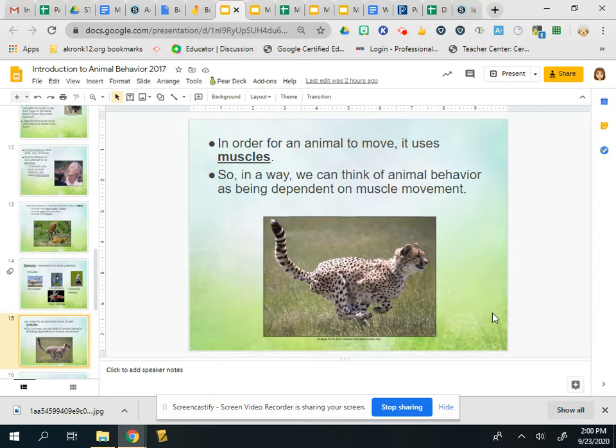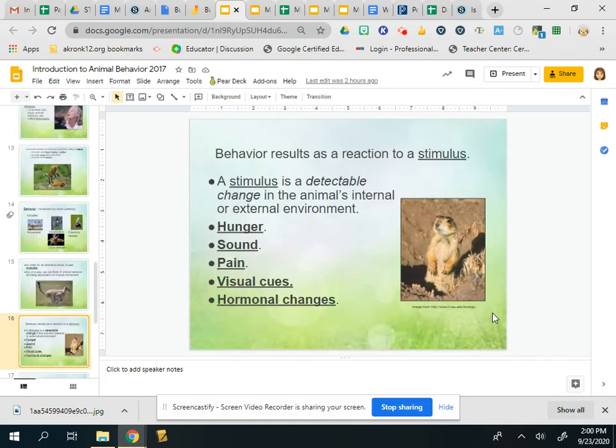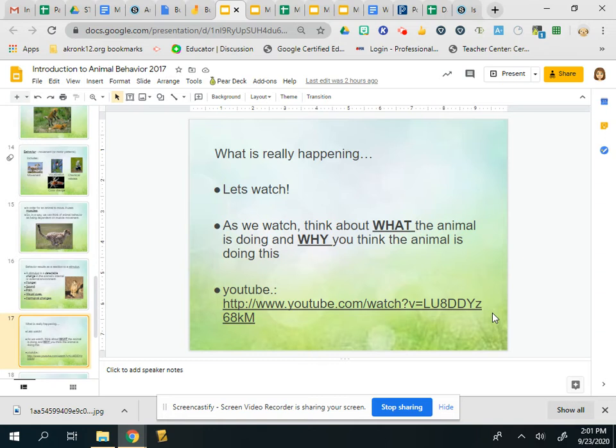So in a way, you can think about animal behavior as being dependent on muscle movement. That leads us to our nervous systems. Behavior is the result of a reaction to a stimulus. A stimulus, as we've learned before, is a detectable change in an animal's internal or external environment. So hunger, sound, pain, visual cues, hormonal changes, those are all different types of stimuli that animals can react to and cause certain behaviors.